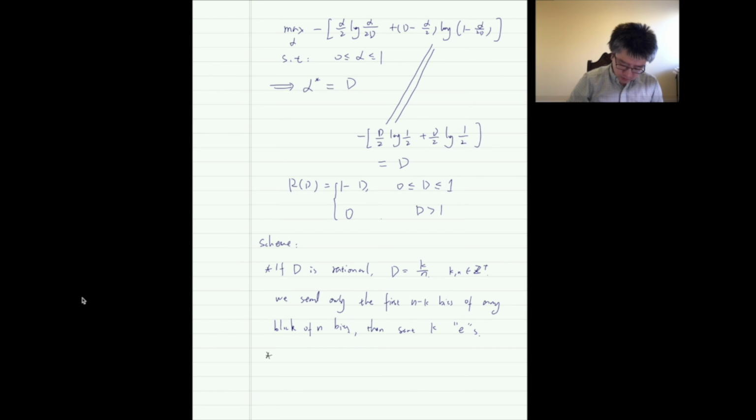And so the problem is that when d is irrational, right, then what can we do? Okay, so when d is irrational, what we can do is that we can always approximate an irrational number by a rational number to any precision that we want, right?